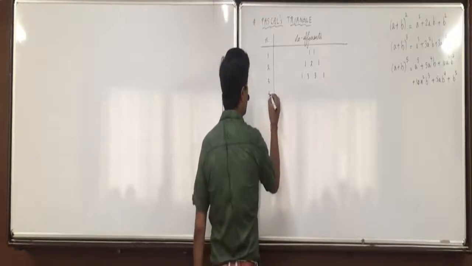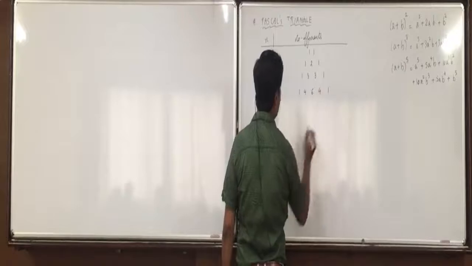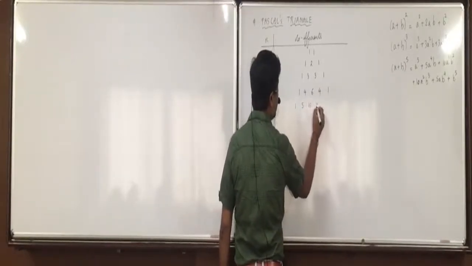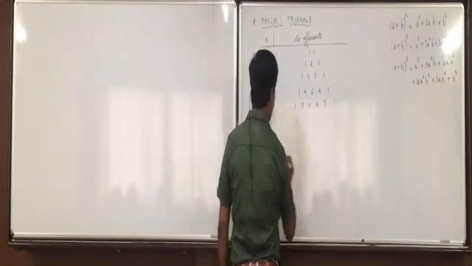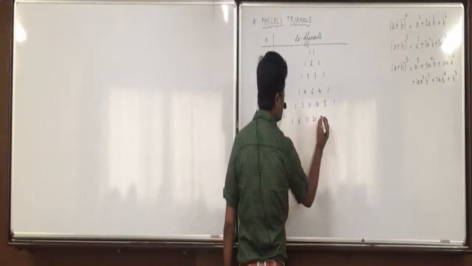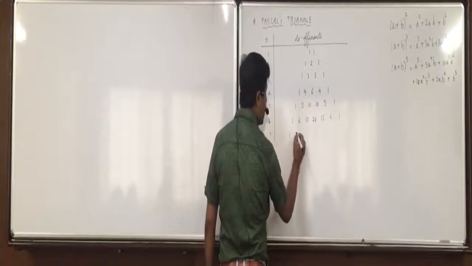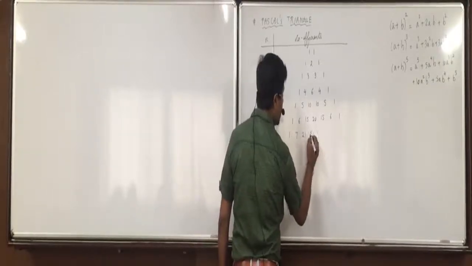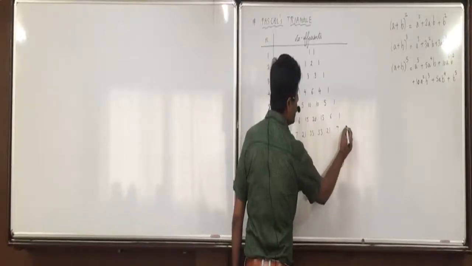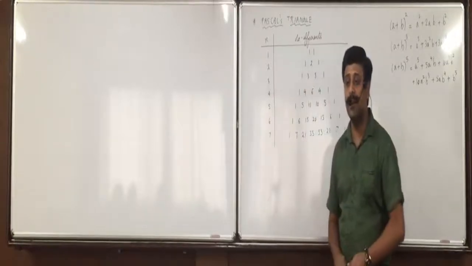If n is 4, 4c0, 4c1, 4c2, 4c3, 4c4. 5c0, 5c1, 5c2, 5c3, 5c4, 5c5. 6c0, 6c1, 6c2, 6c3, 6c4, 6c5, 6c6. 7c0, 7c1, 7c2, 7c3, 7c4, 7c5, 7c6 and 7c7. Generally you will have maximum up till 7.